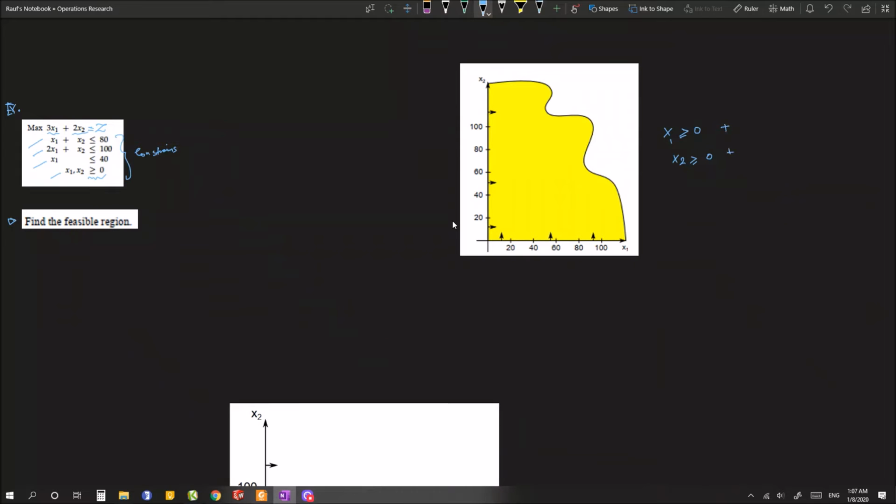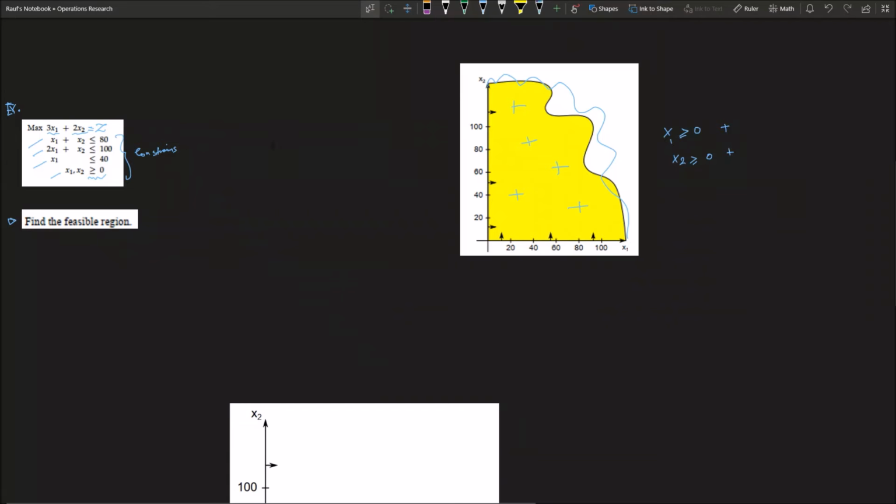So for now, the feasible region could be anywhere in the positive region of the Cartesian graph, which could be bigger or smaller than this, just for the sake of illustration.